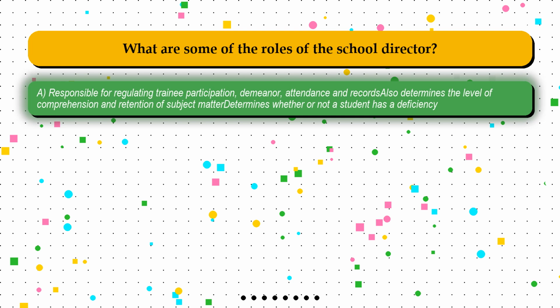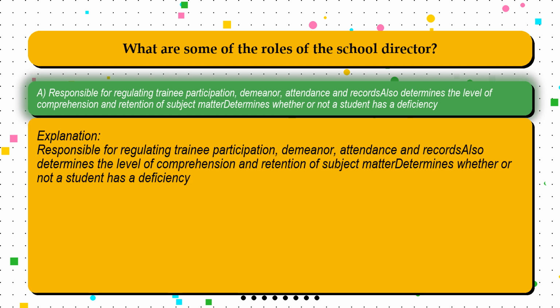The correct answer is option A, responsible for regulating trainee participation, demeanor, attendance and records, also determines the level of comprehension and retention of subject matter, determines whether or not a student has a deficiency.